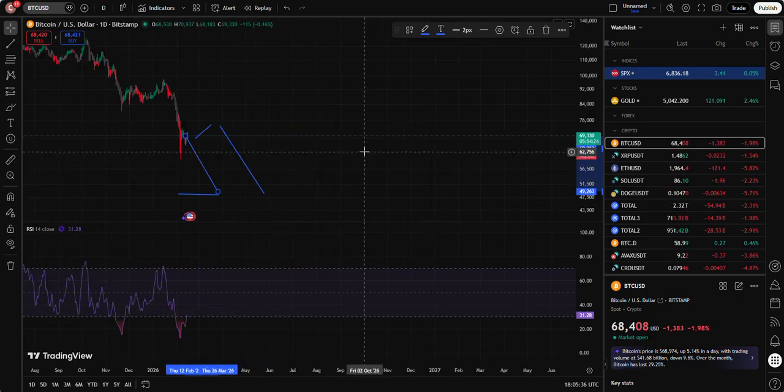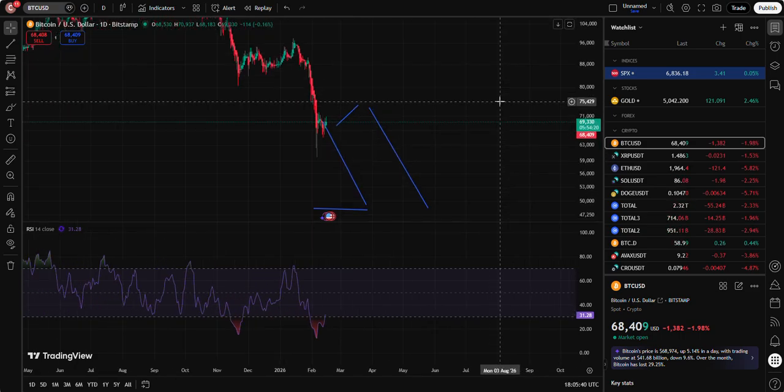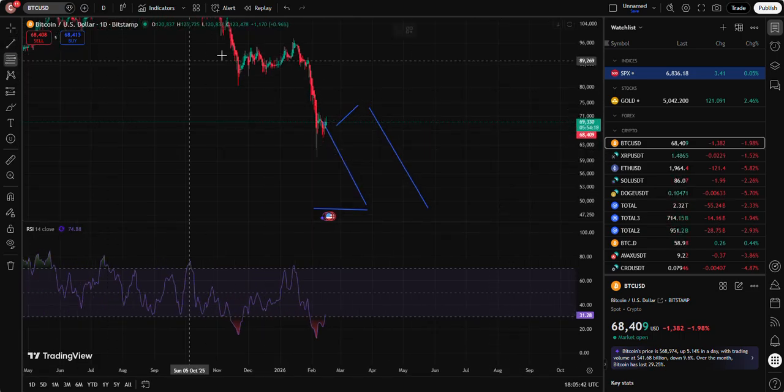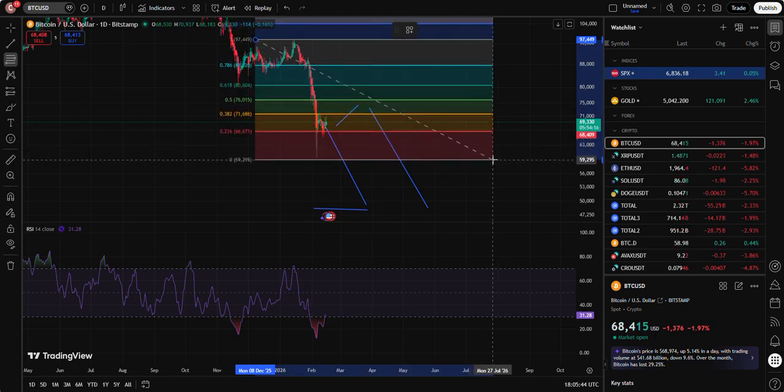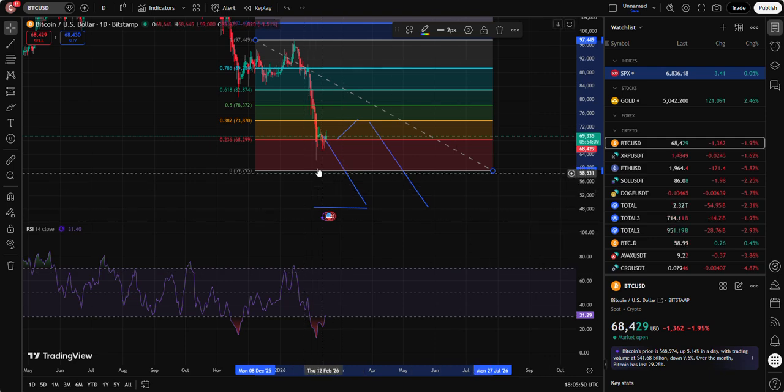Can we see more? Wait, let's look. If we take a Fibonacci from this point to this point, we are here on the logarithmic daily. So theoretically, if the price is falling down and comes back to 0.236 and closes above 0.236, we have a good chance to see this 0.718.